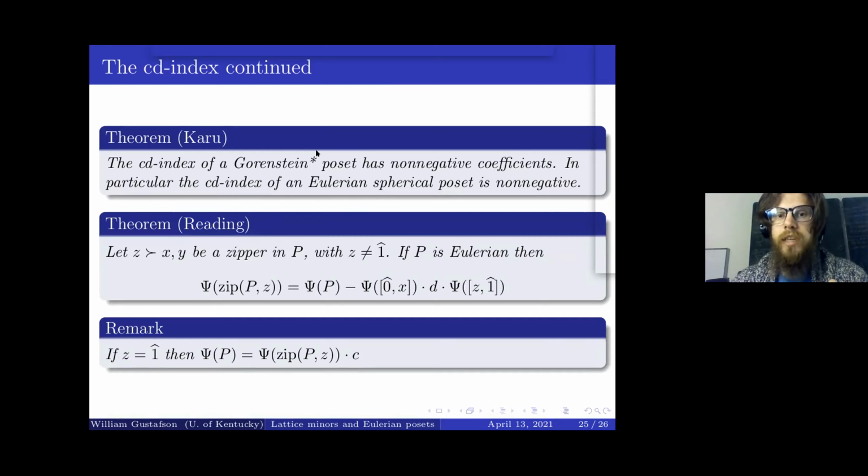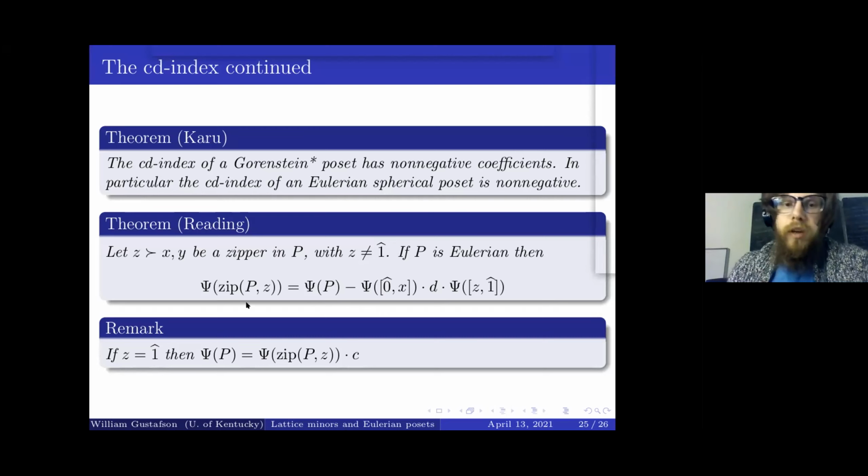So here Gorenstein star means an Eulerian poset whose order complex without the 0 hat and 1 hat has the homology of a sphere. Okay, so that's very abstract, but in particular, if we have an Eulerian poset which is a sphere, then the CD index is non-negative. And recall the posets of minors of lattices are PL spheres, some particular spheres.